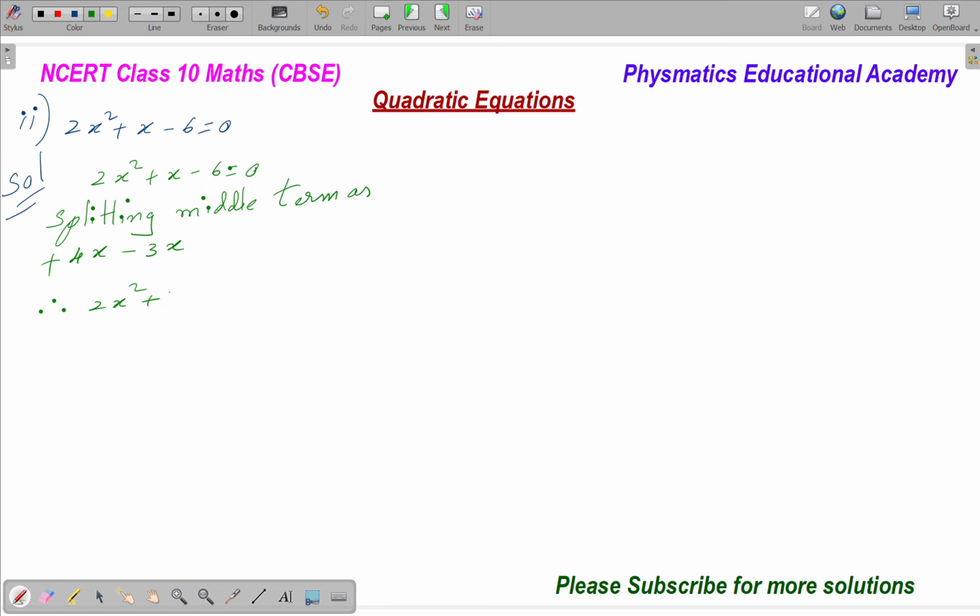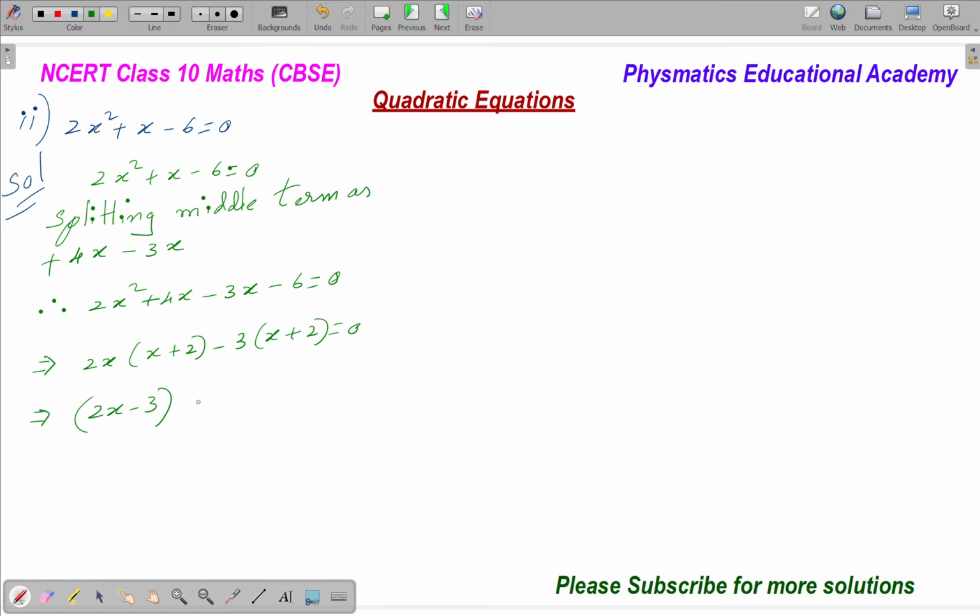Therefore 2x square plus 4x minus 3x minus 6 is equal to 0. That implies 2x into x plus 2, minus 3 into x plus 2 is equal to 0.